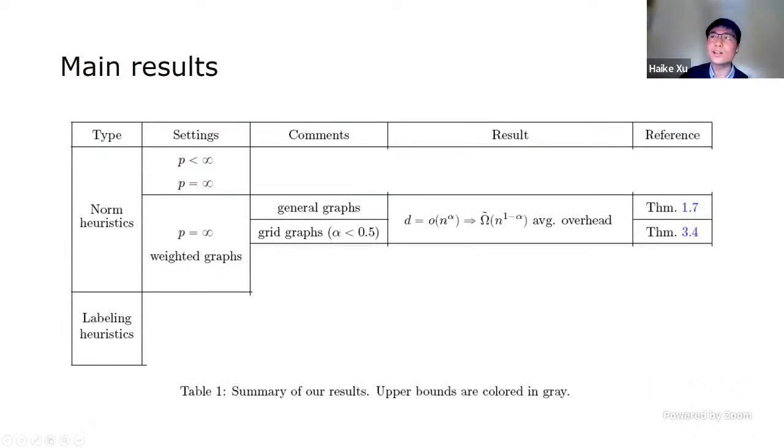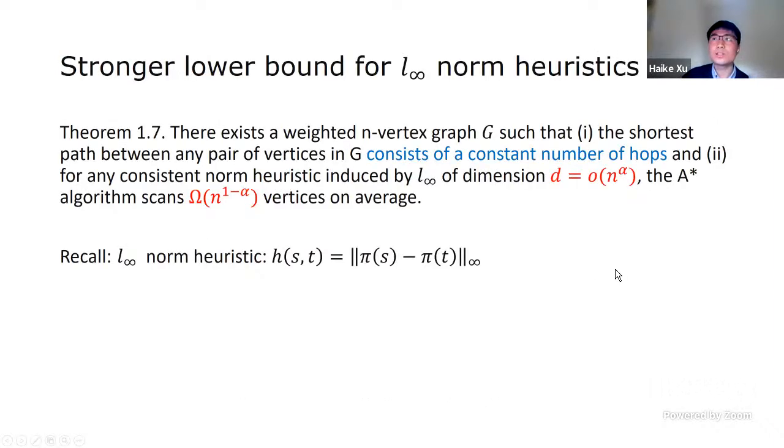We next will talk about theorem 1.7 on the lower bound for L infinity norm heuristics. Our result says that we can construct a weighted n-vertex graph whose maximum shortest path consists of a constant number of hops, such that if A star heuristics use L infinity norm in an embedded space of dimension d smaller than n to the power of alpha, then A star will scan at least n to the power of 1 minus alpha vertices on average.